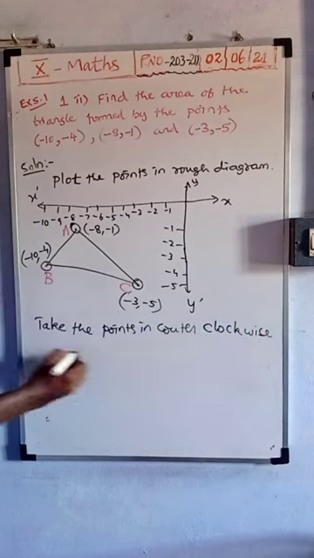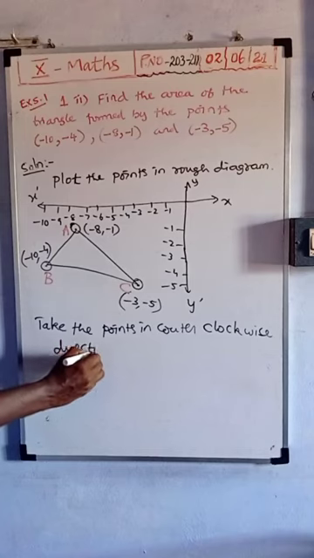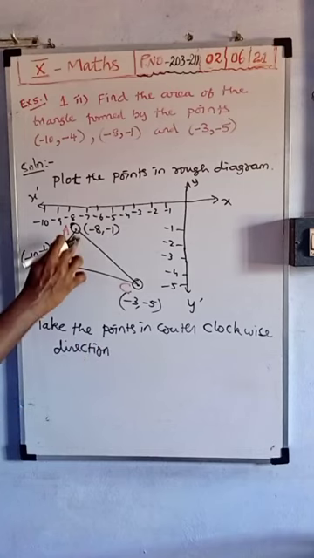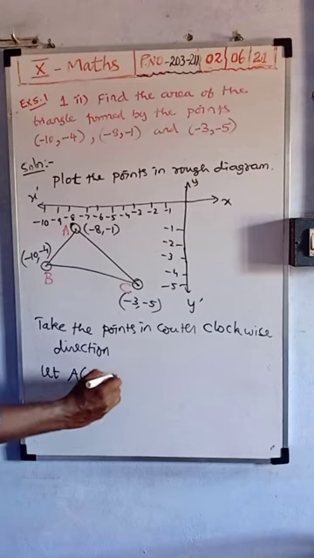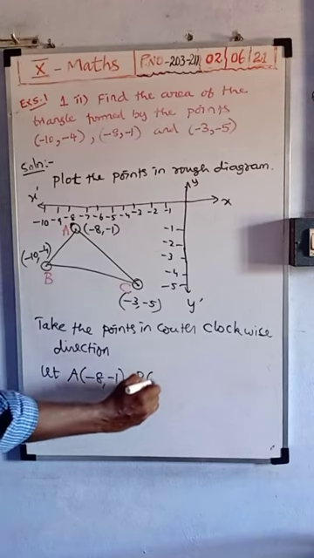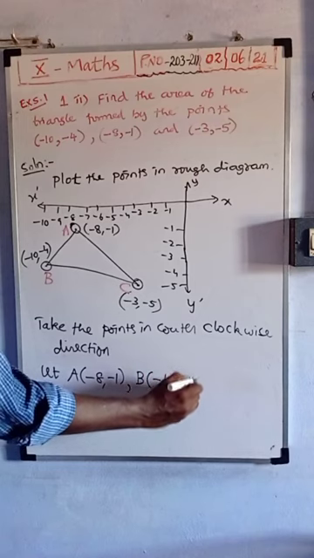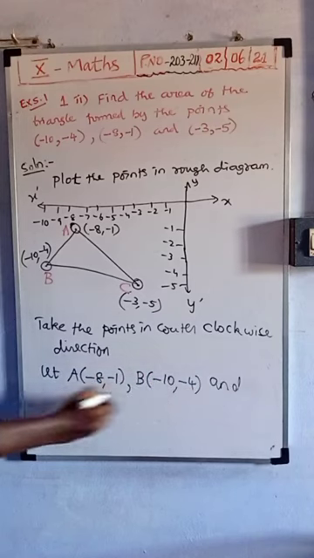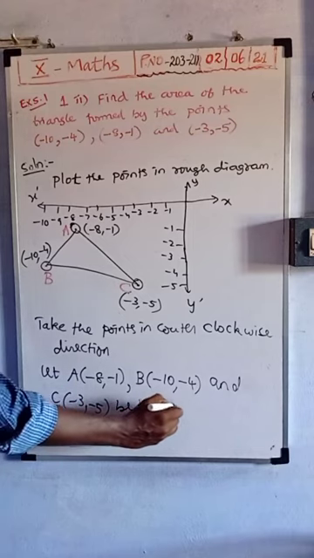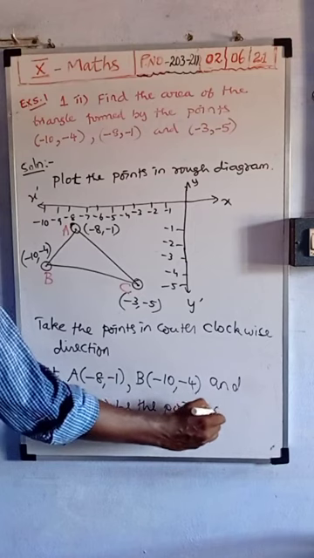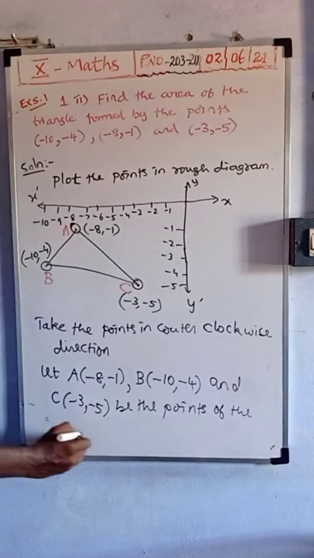Okay, so now let A point be -8 comma -1, B point be -10 comma -4, and C point be -3 comma -5, be the points of the triangle ABC.